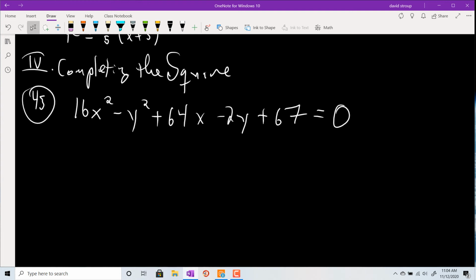But anyways, we would want to see what this cross-section was. It will be a hyperbola, and then from that we could figure out the type of three-dimensional object. They have these things called elliptic hyperboloids, and they have cross-sections which are hyperbolas. So anyways, back to reality then. How do we do this? We're going to group the x terms together and then factor out the 16.